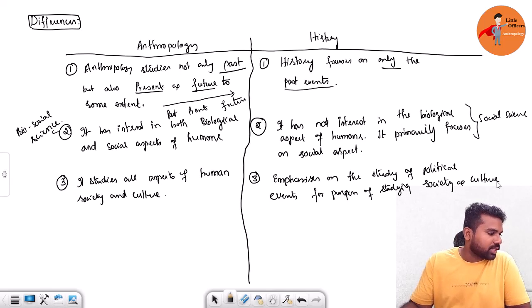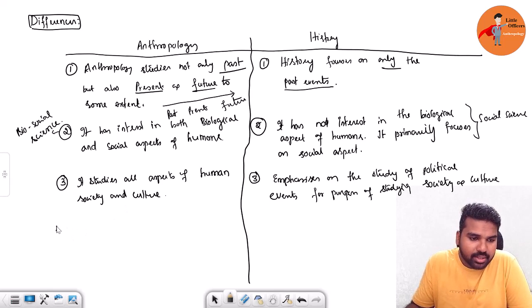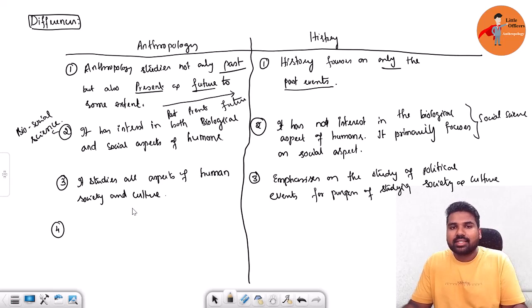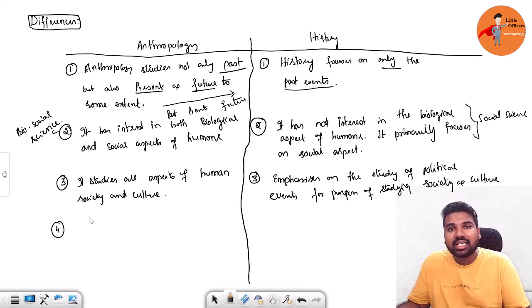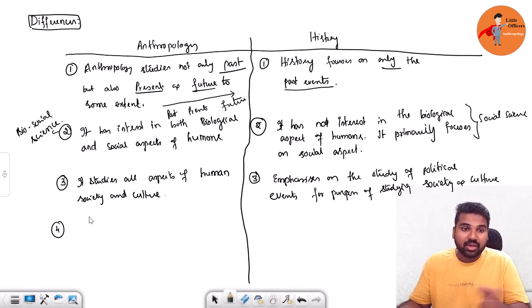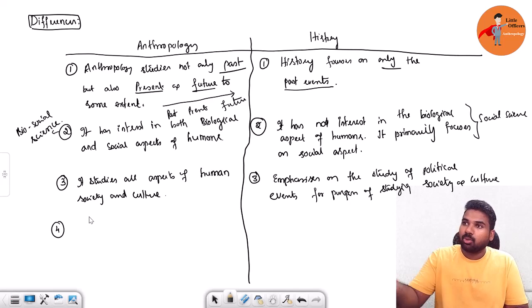Then one more difference is, please write. See, archaeology, when it comes to data collection, primarily depends upon direct data or primary sources of information. But history mainly depends upon secondary sources of information, which are validated by anthropology, like with the primary sources. Now look, historians don't go for field work.